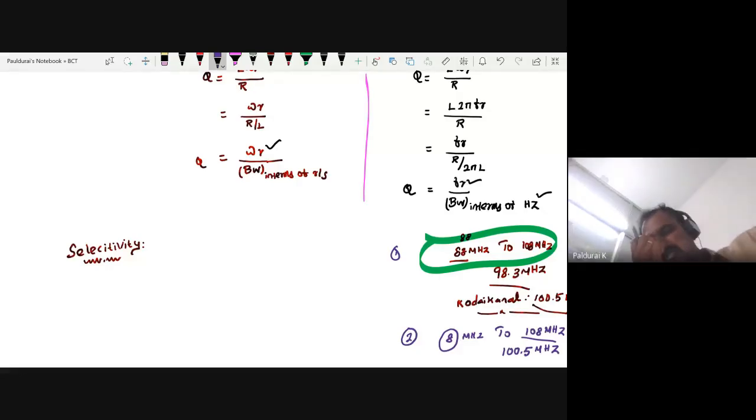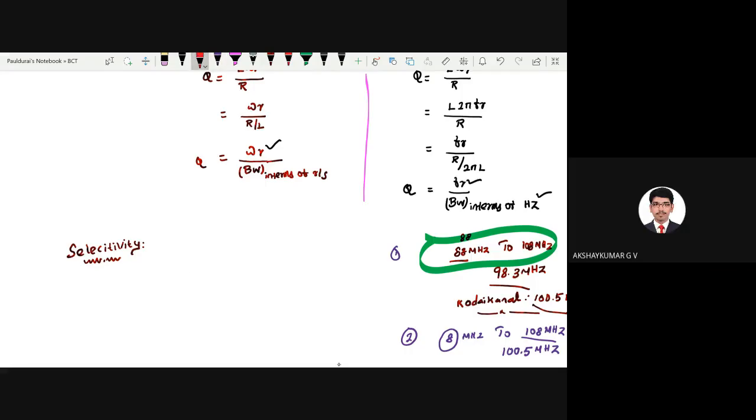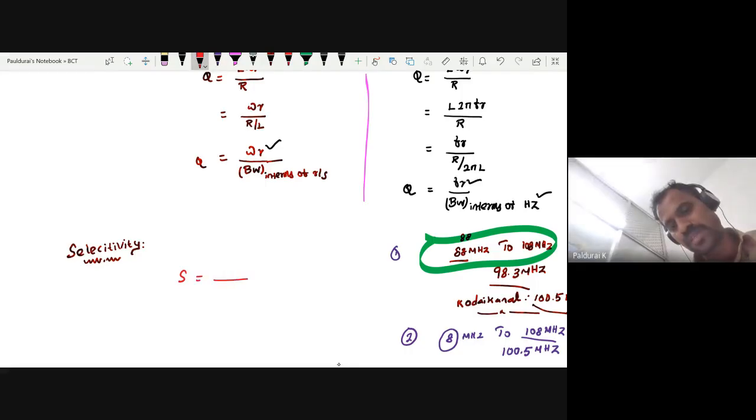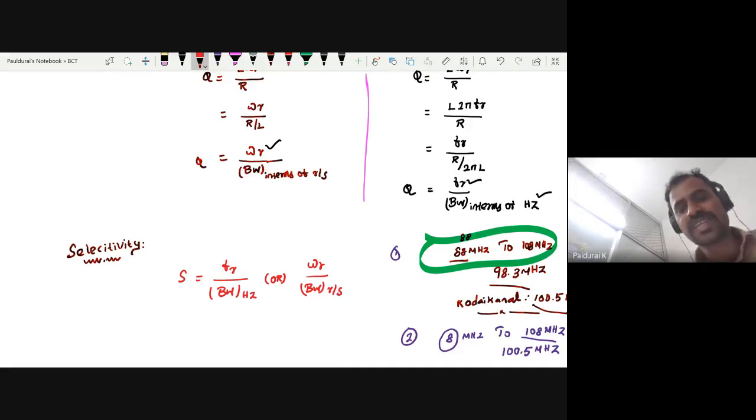First one. So what is the relation between selectivity and bandwidth? Selectivity means you are selecting a station, right? Any idea? Inversely proportional. So both are inversely proportional. Here also bandwidth is either in terms of hertz, FR, or in terms of radian per second, omega R. So what is this actually?